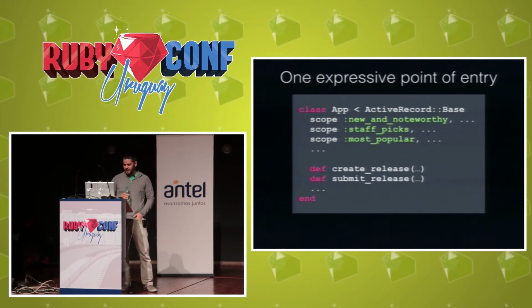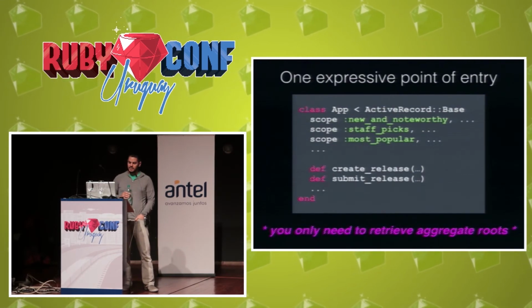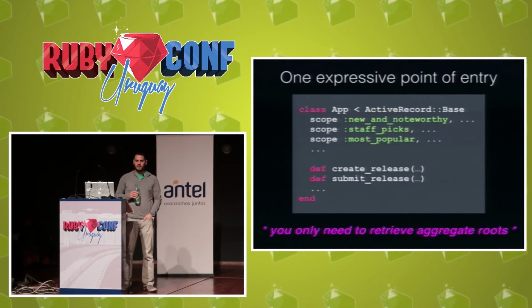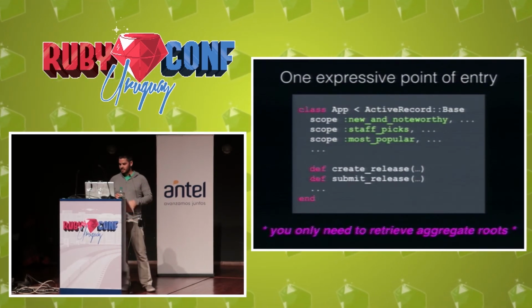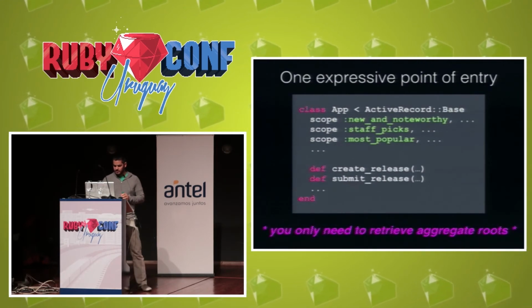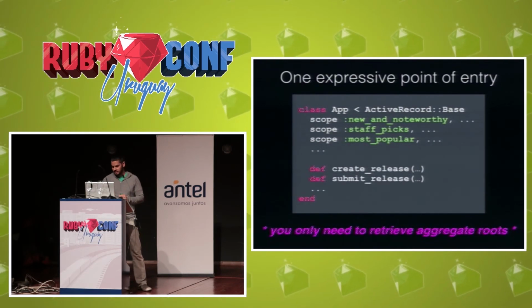And a point that is important to make, you only need to retrieve aggregate roots. So you'll never retrieve a release directly or comments directly. You'll have to retrieve your app and then iterate through your app to get those.